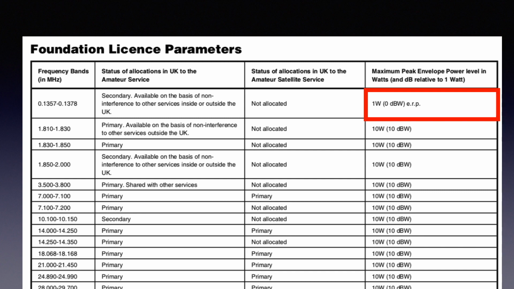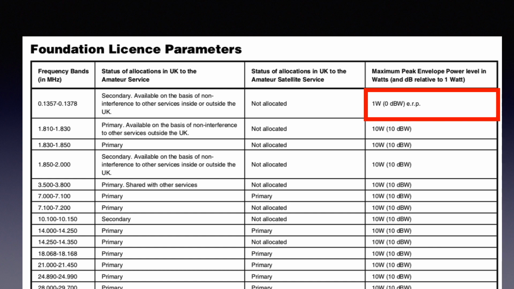Is it 1 watt, 1 watt ERP, 10 watts or 15 watts? Well, the answer is 1 watt ERP. So look carefully in that column to see if the ERP, effective radiated power, is mentioned.